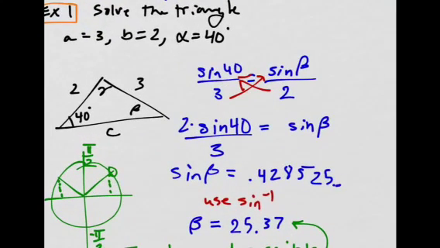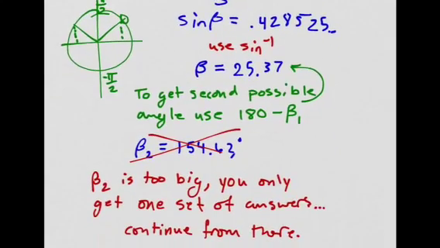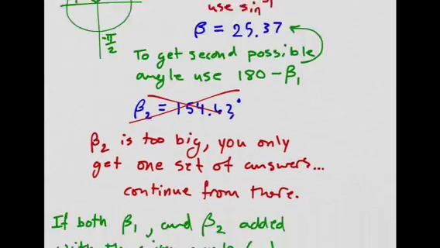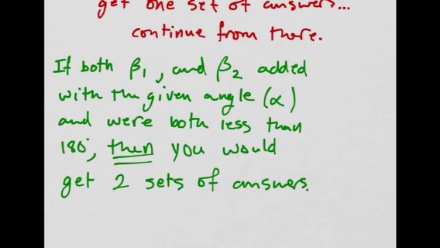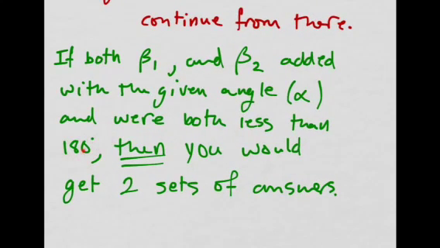That was me checking to see if it added properly. We added with 40 and got 194, and that doesn't work for triangles, because the sum of their angles is exactly 180 degrees. So if beta 1 and beta 2 added with the existing angle are less than 180, that's when you would get two sets of answers.